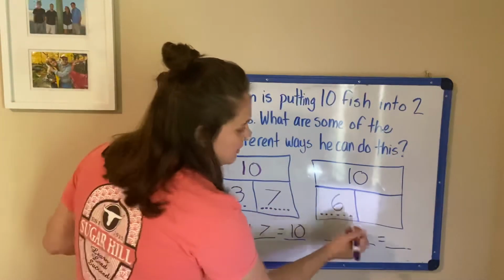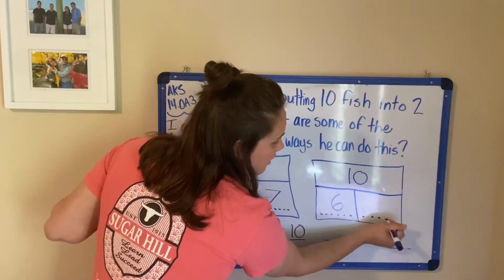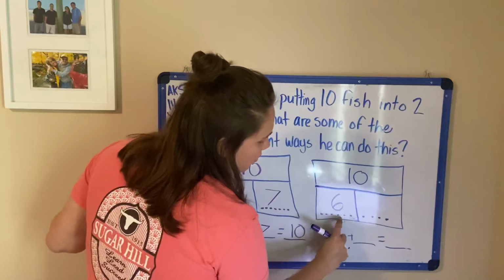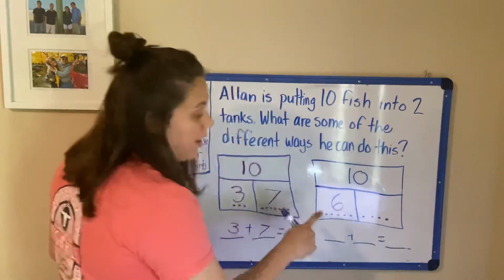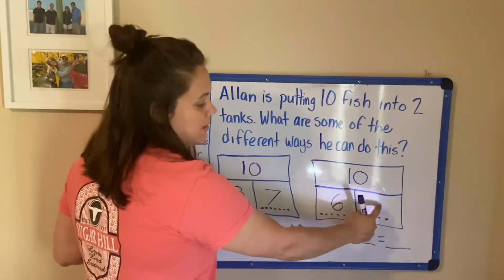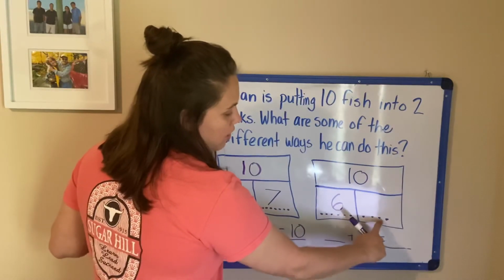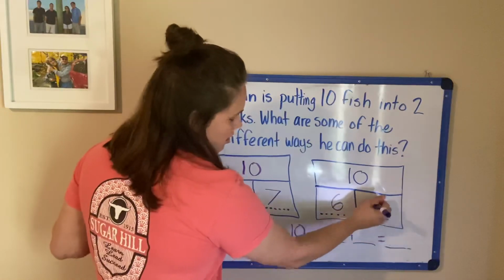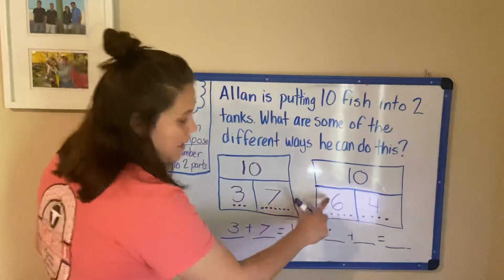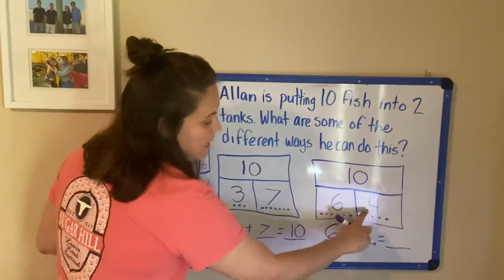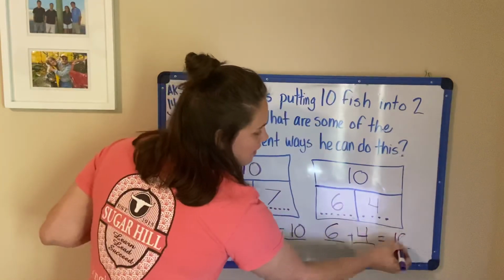So 6, I need to go to 10: 7, 8, 9, 10. 1, 2, 3, 4, 5, 6, 7, 8, 9, 10. So now I can figure out how many fish Alan is going to put into this tank. He put 6 into this tank, and he's going to put 1, 2, 3, 4 into this tank. After that, I can fill in my number sentence really easily. I take my first tank that has 6, my second tank that has 4, and my whole number is 10.